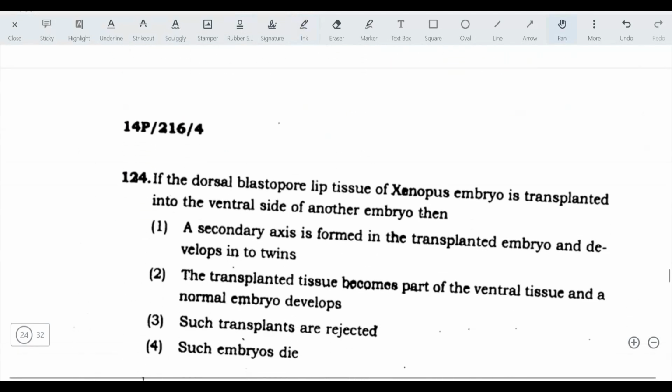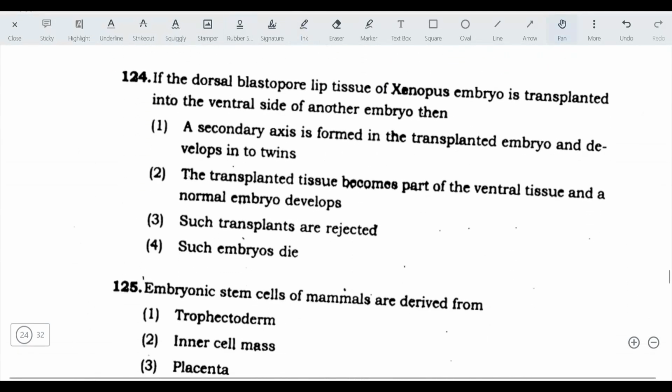Next question, if the dorsal blastopore tissue of a Xenopus embryo is transplanted into the ventral side of another embryo, then a secondary axis is formed in the transplanted embryo, which develops into a twin. This experiment was performed by Spemann and demonstrated the organizing ability of the dorsal blastopore.